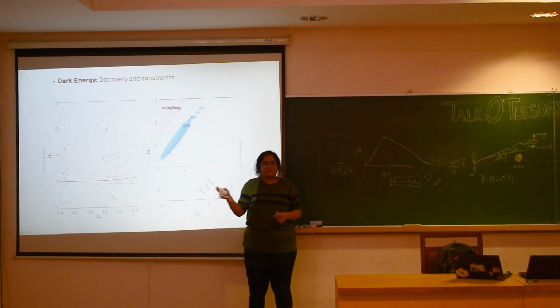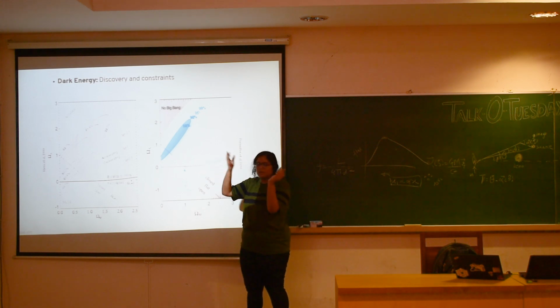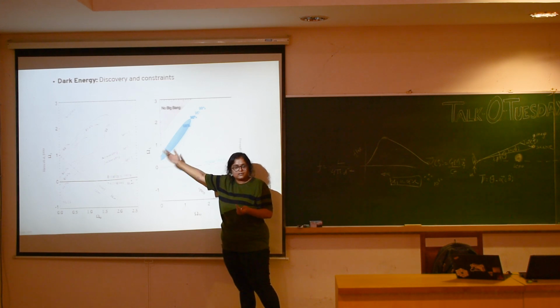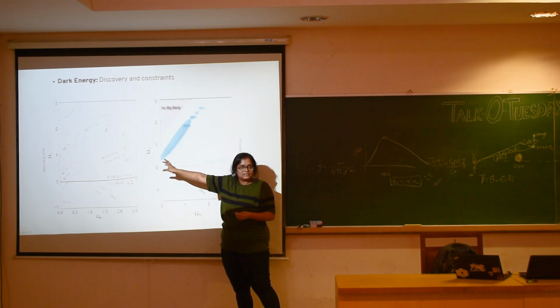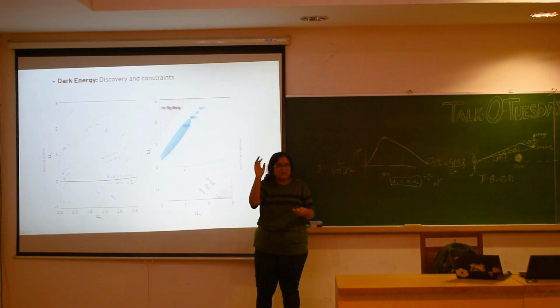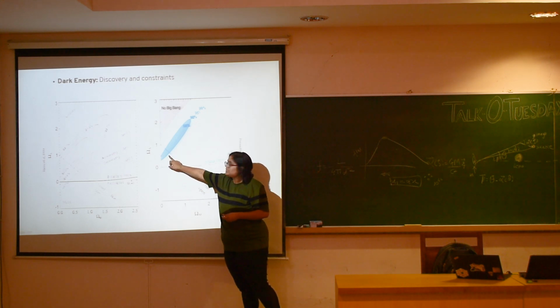And then they proved that something exists there, and they named it dark energy in due course of time. That something exists which has non-zero density. This is the density of matter, as in everything that we see, atoms, etc. And so they showed that this is non-zero.